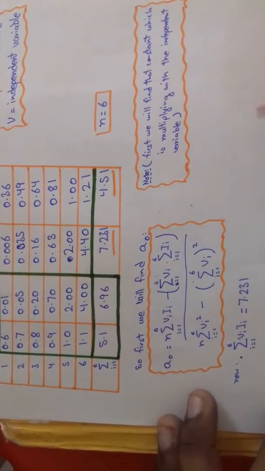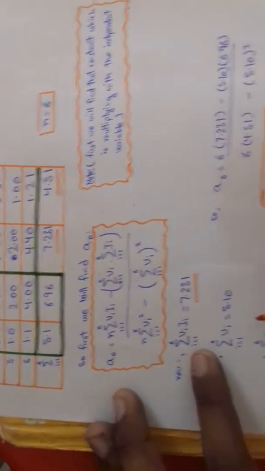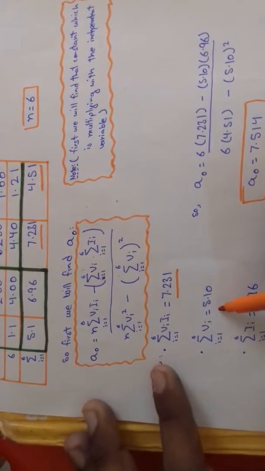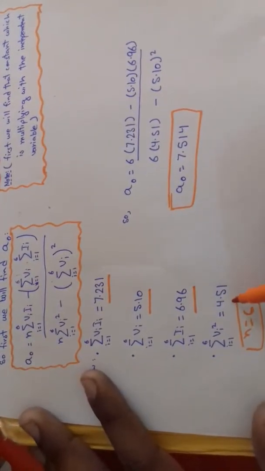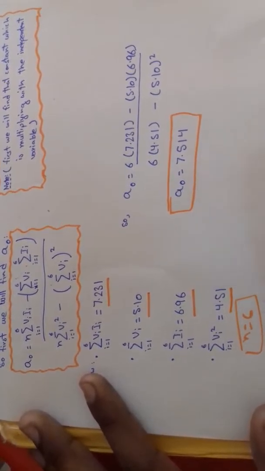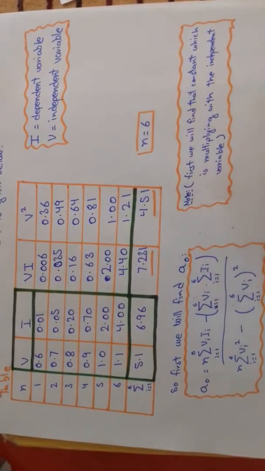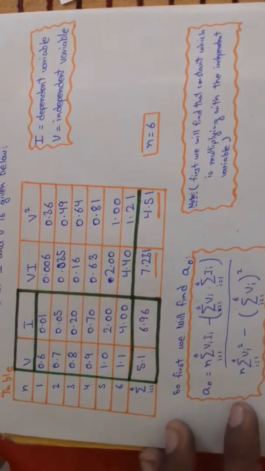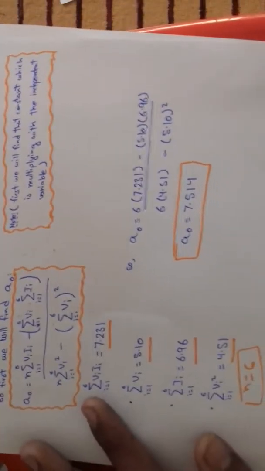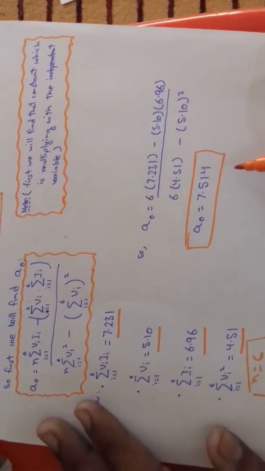We already know the value of summation of vi, that is 7.231, summation of v that is 5.10, summation of I that is 6.96, summation of v square that is 4.51, and the value of n is 6. All these values were obtained from the table that we constructed previously. We plug these values into the formula to find a0, and that is coming 7.514.